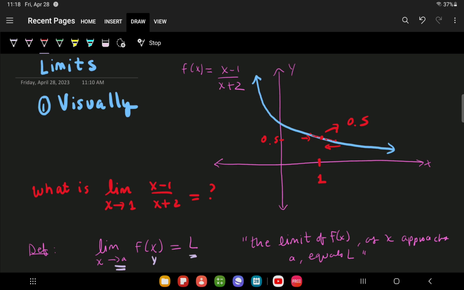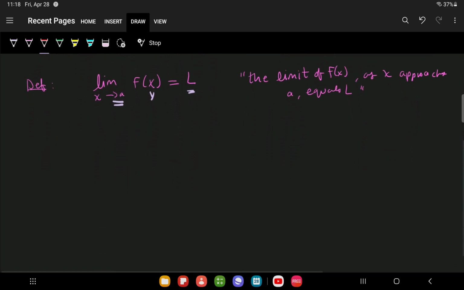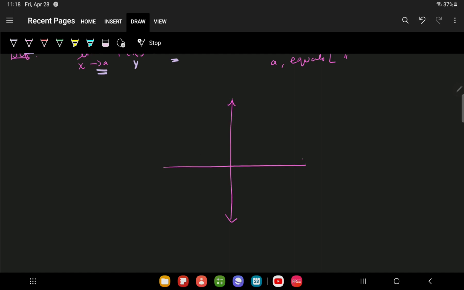So let's look at a couple more examples graphically. How about a piecewise function. Let's do a graph. Let's use one function with two branches, let's suppose y equals g of x.